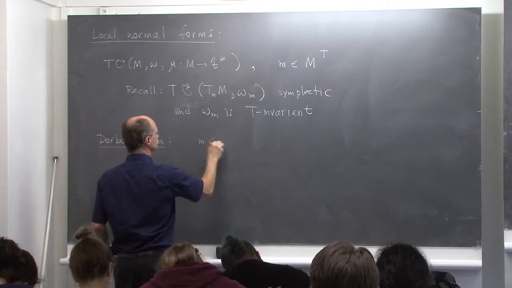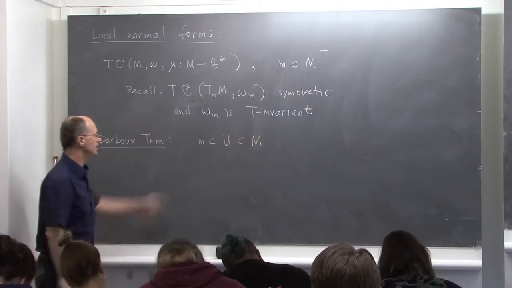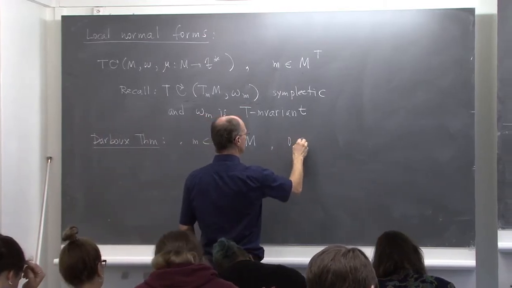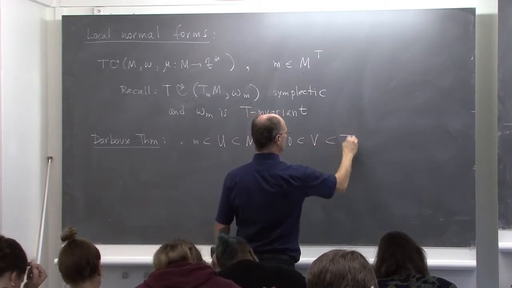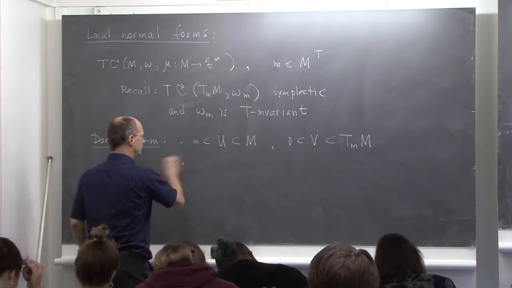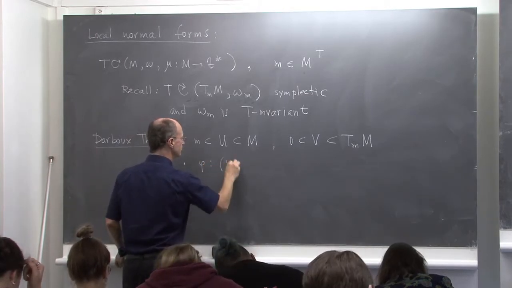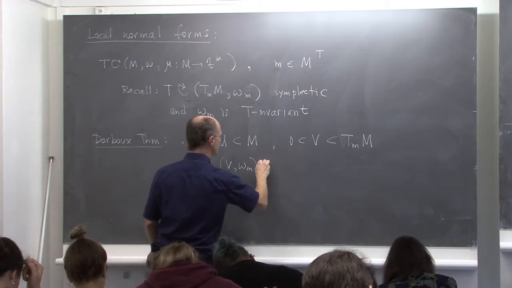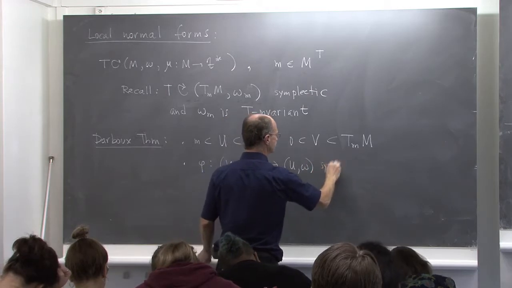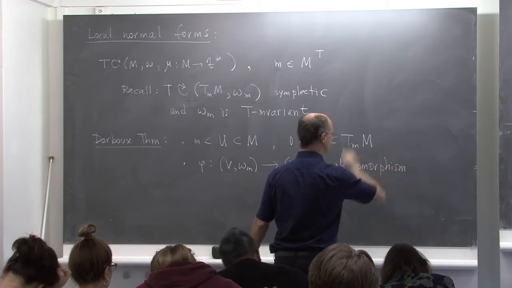So there is a neighborhood U of m inside capital M, and a neighborhood V of 0 in the tangent space, and phi from (V, omega m) to (U, omega), a symplectomorphism.